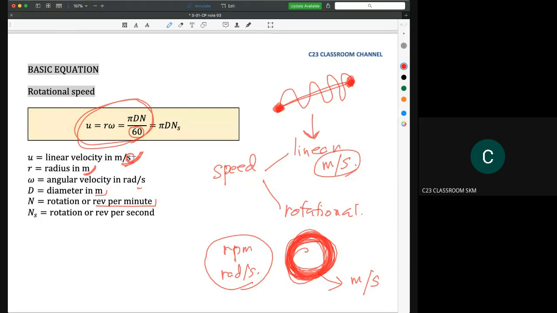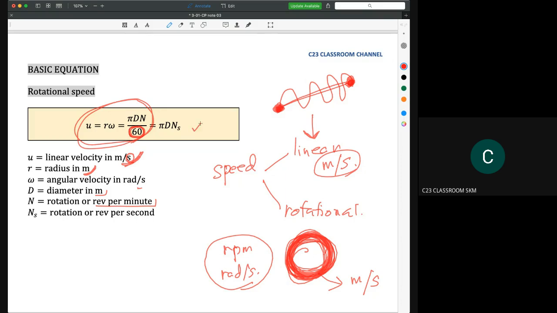If the rotational speed is given per second, please do not divide by 60, because we divide by 60 here to make sure that there is similarity in the units. You learned about similarity and dimensional analysis in fluid mechanics 1. That's why you need to be alert here, because the equation actually depends on the situation.